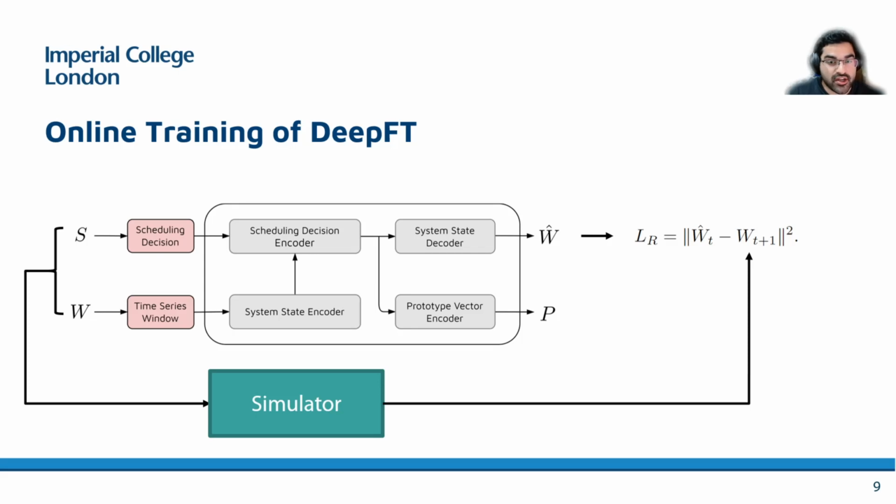A co-simulator can virtually execute the scheduling decision S on the current state of the environment and generate the utilization characteristics and consequently the W(t+1) that is required in the mean square error loss for training this surrogate model. And this is what we use to generate the time series window for a complete time step at a future interval to be able to train this neural network on demand.